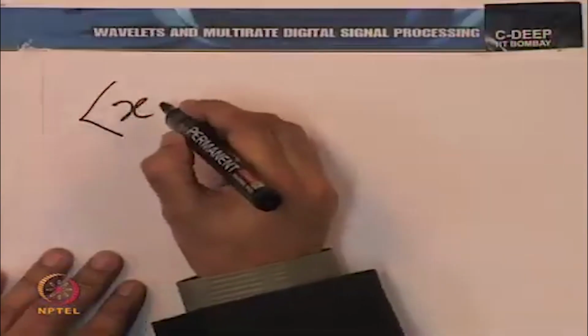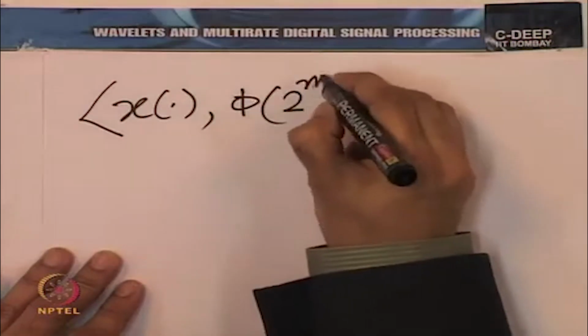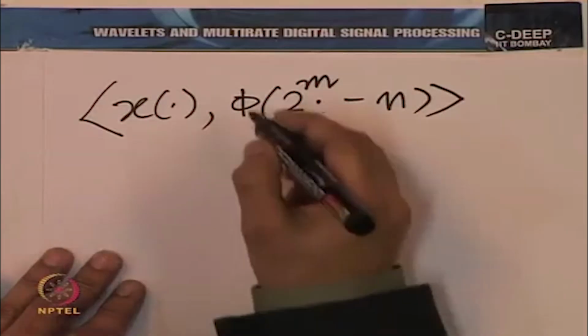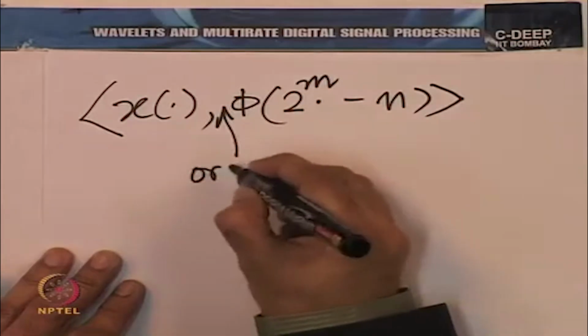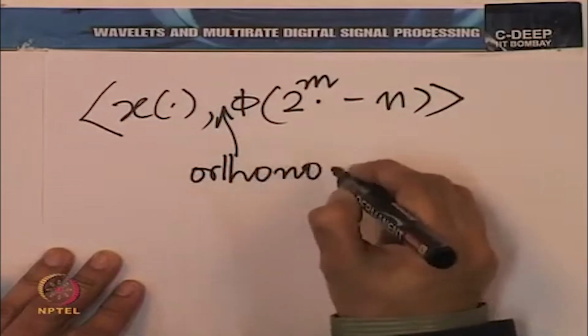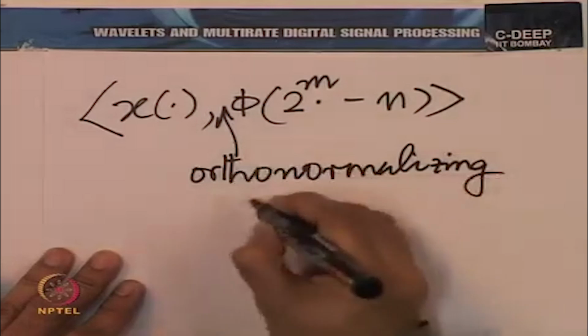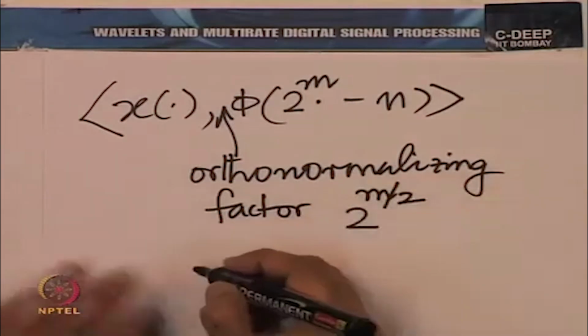So, when we consider the inner product that we were doing a few minutes ago, the inner product of x with phi(2 raised to the power m t minus n), and now, if you wish to make it orthonormal, then introduce the orthonormalizing factor 2 raised to the power m by 2.